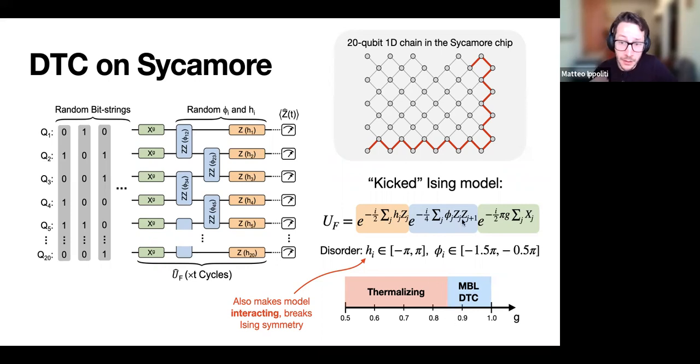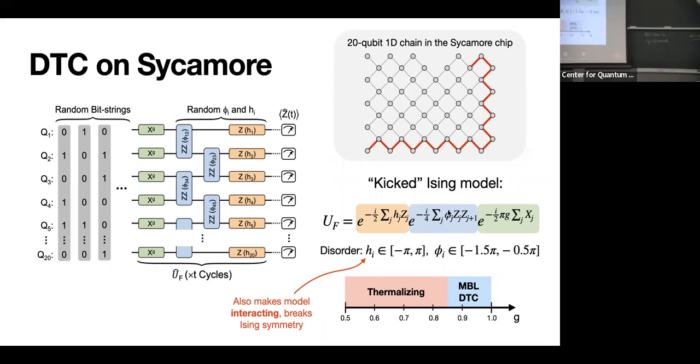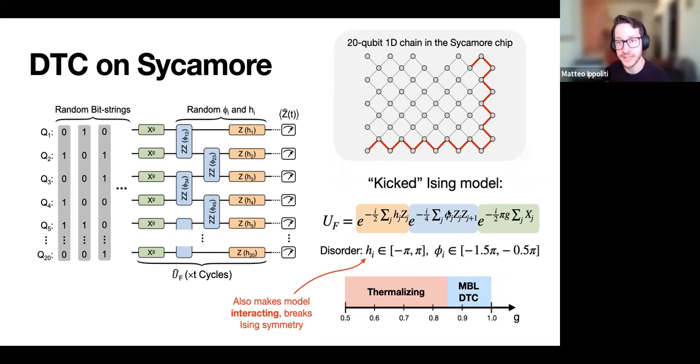So all of these single qubit operations are very easy to implement on the Sycamore chip. The control phase gates required some engineering developments from the Google team, in particular in terms of being able to realize disorder efficiently. So having these random values be efficiently sampled with each run, not having to calibrate them one by one, because that would make the problem prohibitively complex.